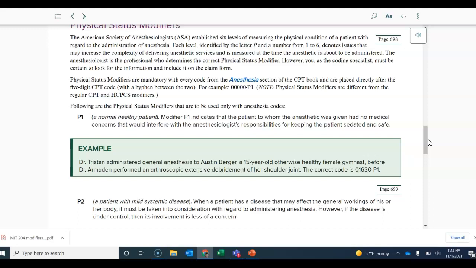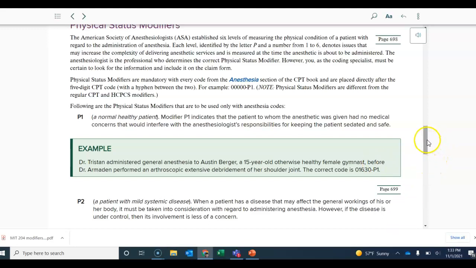Okay? So you have 6 choices, okay? So the way that you're going to write your code is you're going to write 00100 P3. Okay? So like this. Okay? So a 0 code is not valid without the P code, the physical status modifier.